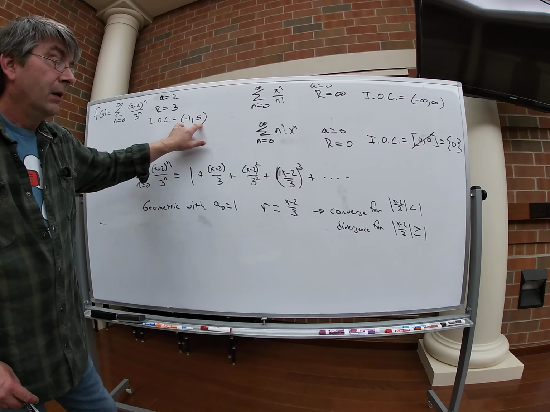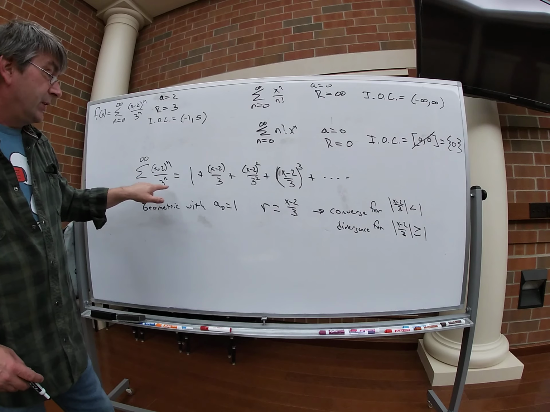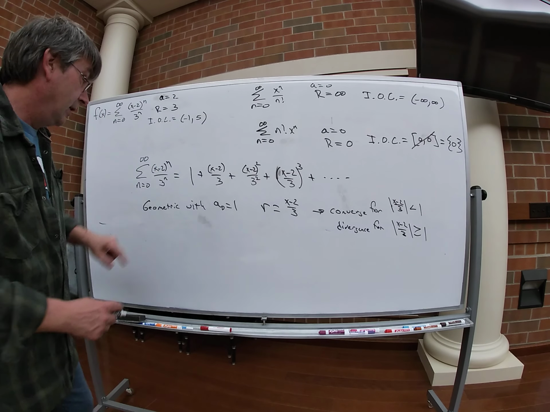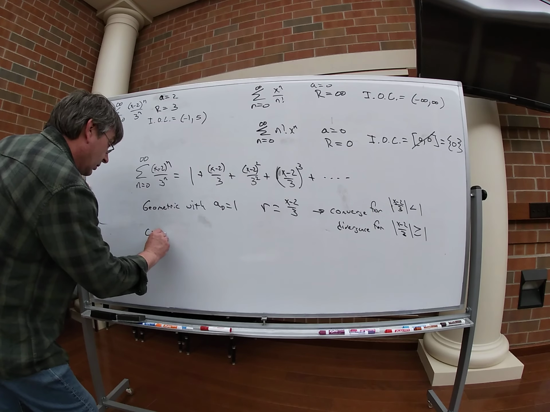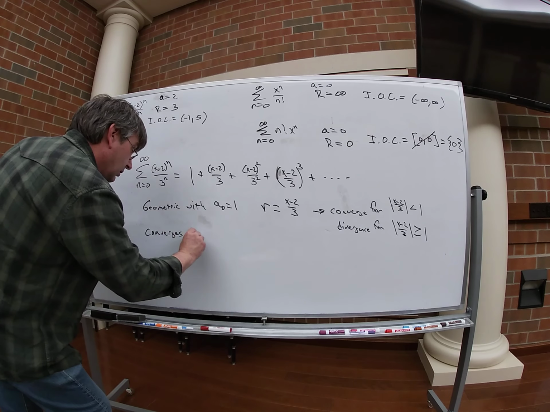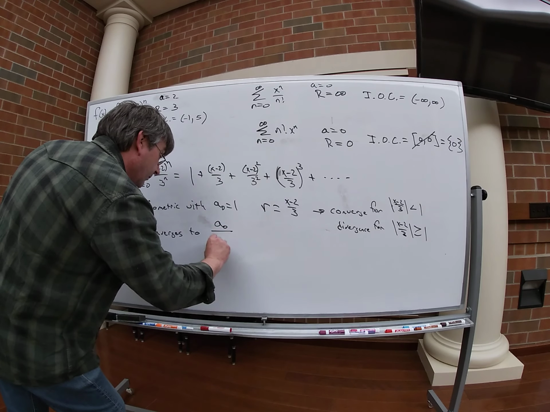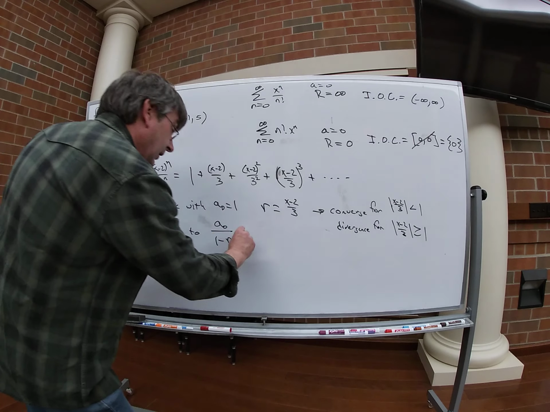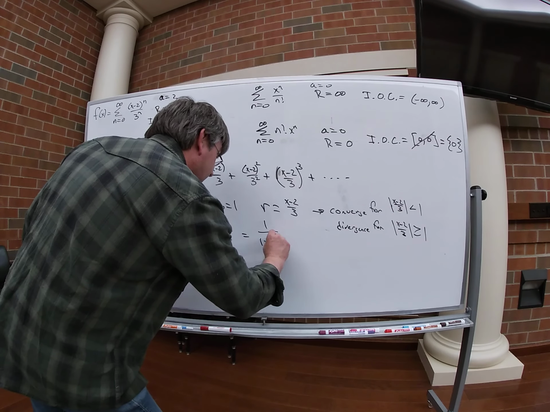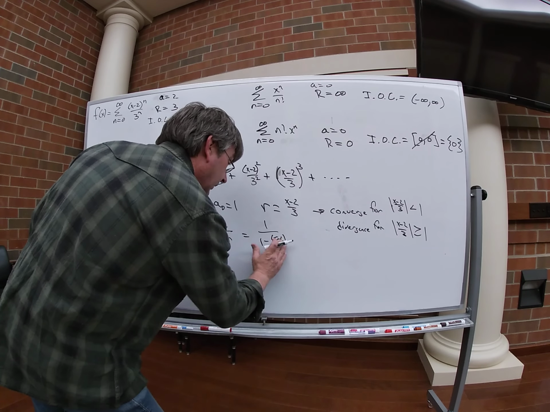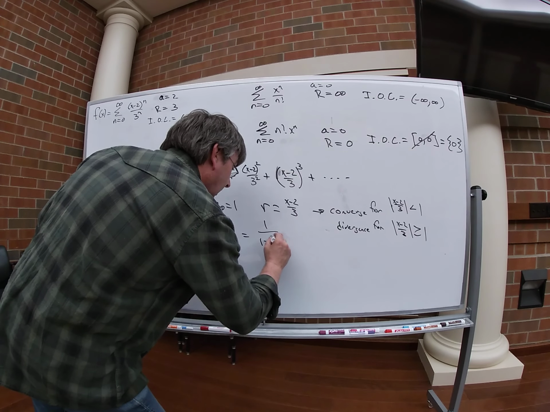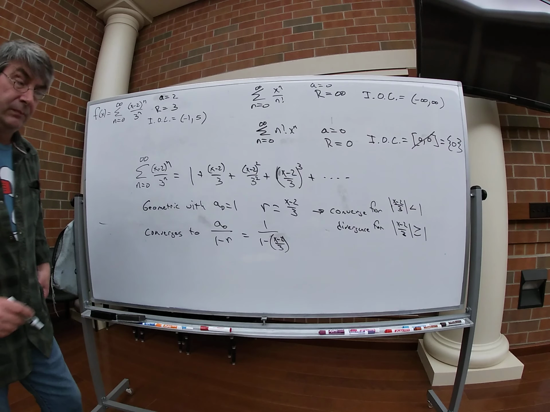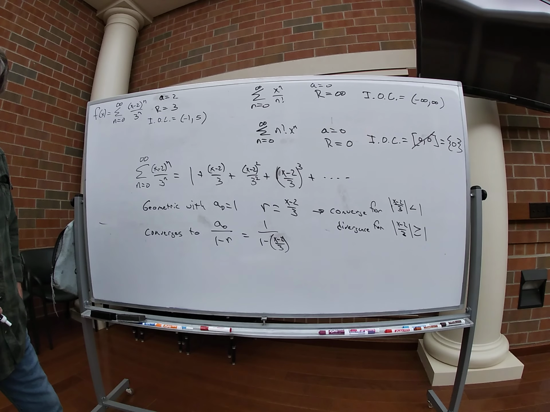Okay. But the nice thing about geometric series is when they converge, we know what they converge to. This actually converges to a0 over 1 minus r. Right? So for this series, that would be 1 over 1 minus (x minus 2) over 3, that's a mess. Okay. 1 over 1 minus r.